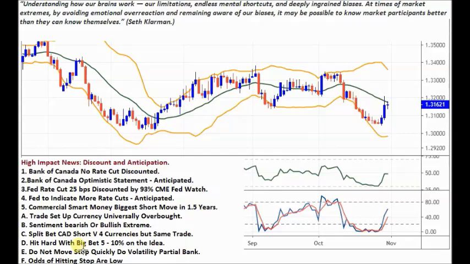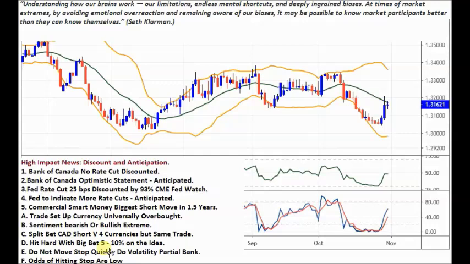Now, in terms of doing the trade setup, you want to hit hard. Okay, big bet, 5 to 10% on the idea. We bet 5% on this one. We bet 10% on the British pound. A little bit less on this one, but a really good trade setup going forward, and we might add to our Canadian dollar shorts.